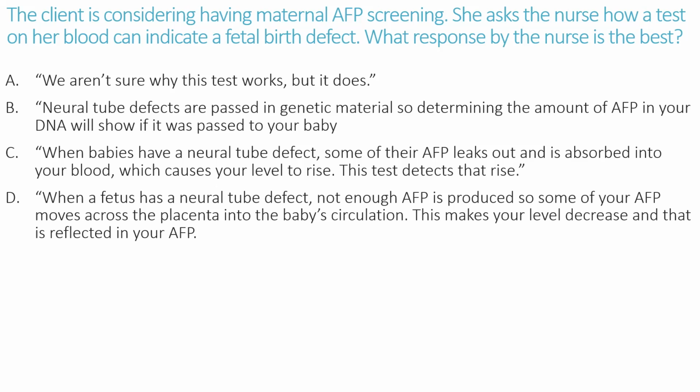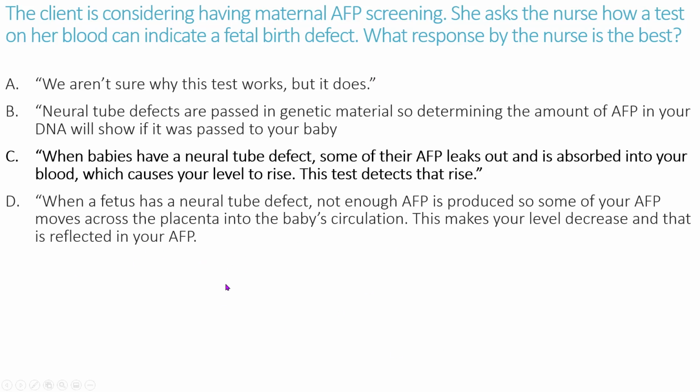Alrighty, friends. Let's go over the rationale for the answer. Maybe you can write this down. I don't think you'll have this one printed out because I typed it up afterwards, but this is going to be C. When a baby has a neural tube defect, some of the AFP leaks out and is absorbed into your blood, which causes the levels to rise.